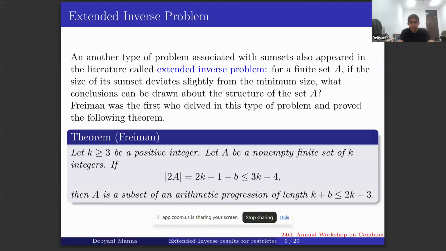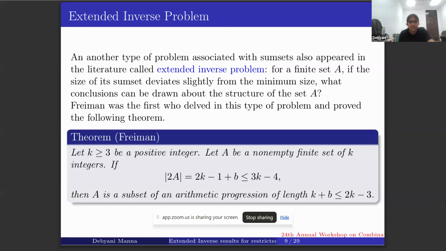So in this talk, I'm going to talk about the extended inverse problem. This is again a kind of inverse problem, but where the sumset deviates slightly from the minimum size. We have this optimal bound, and what happens when the cardinality deviates slightly from the minimum size?